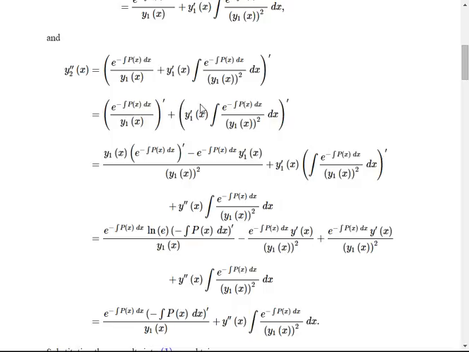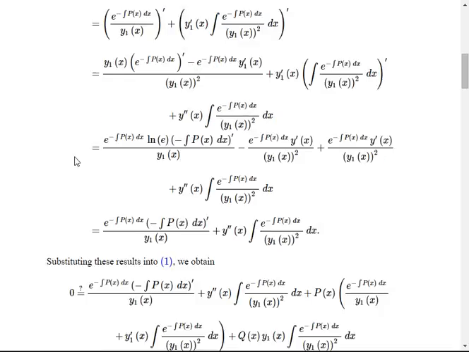Then for the second derivative, in these first two steps, I tried to emphasize the fact that the differential operator, as we are considering it, is a linear operator. So the sum of the derivatives is equal to the derivative of the sum.